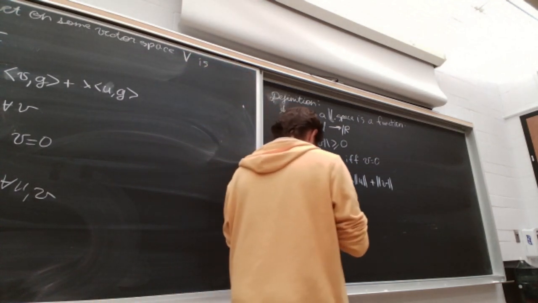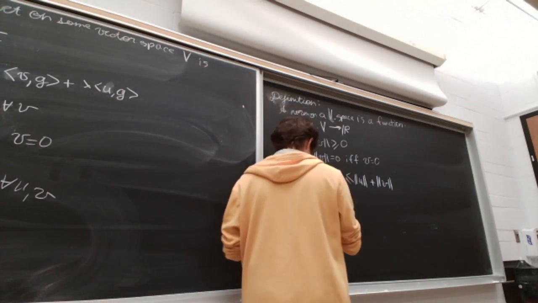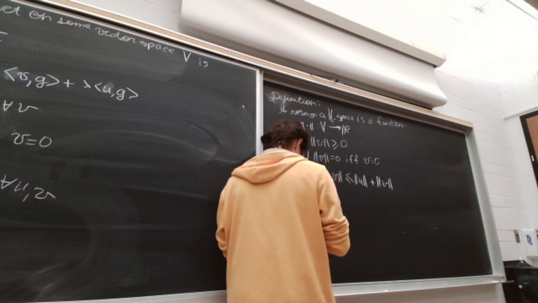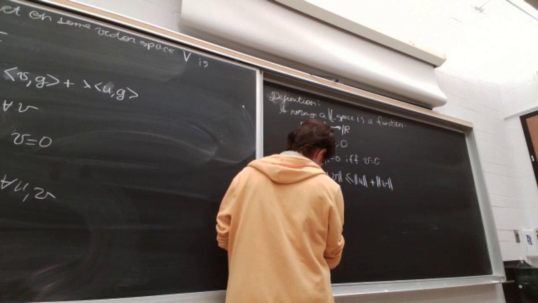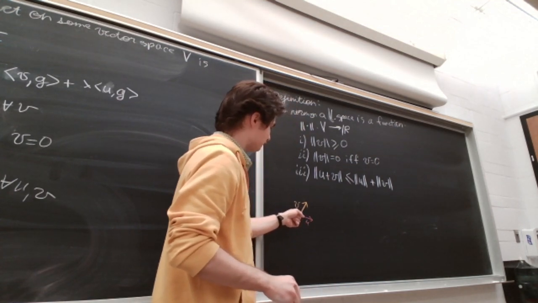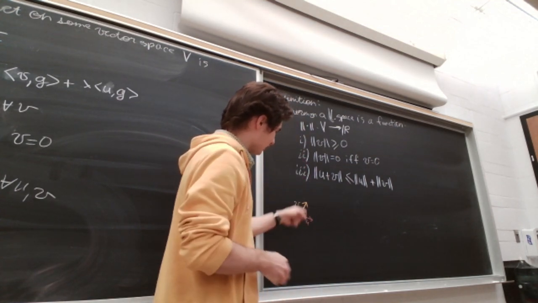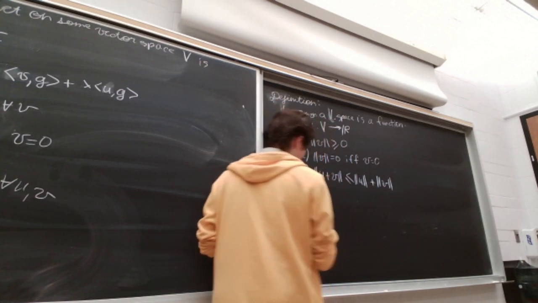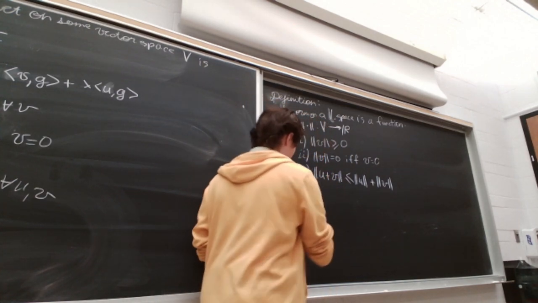So let's draw a picture. I love pictures. Let's draw a vector v, and let's draw a vector u. Okay, v plus u. I can take this vector, translate it to here. Do you agree? This is going to be vector u.